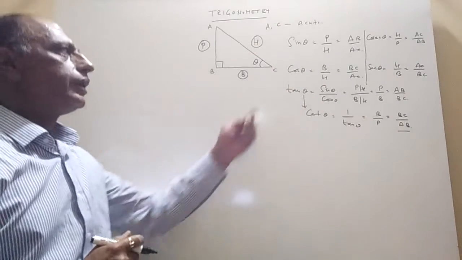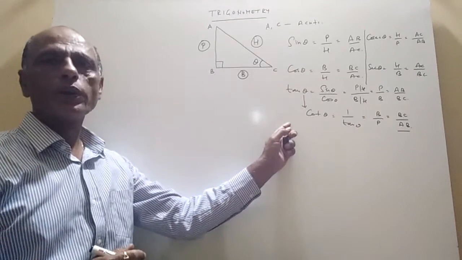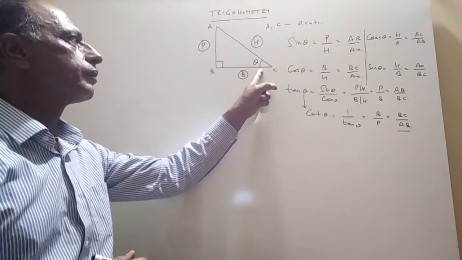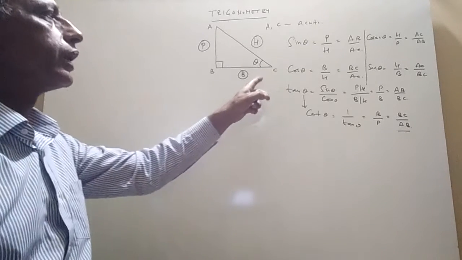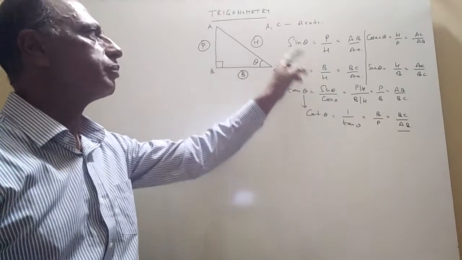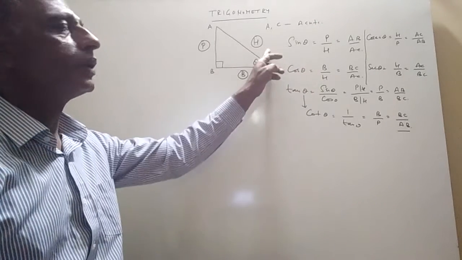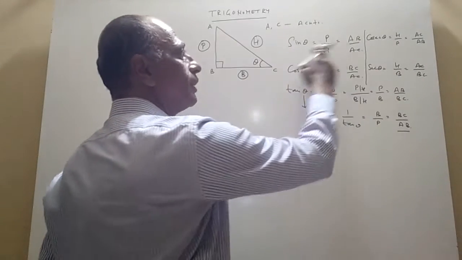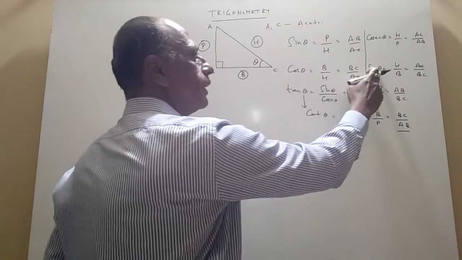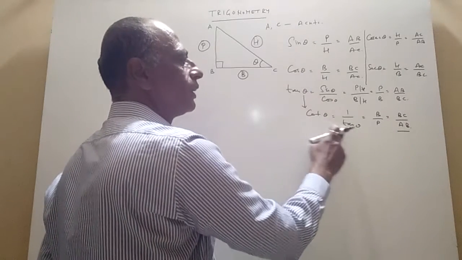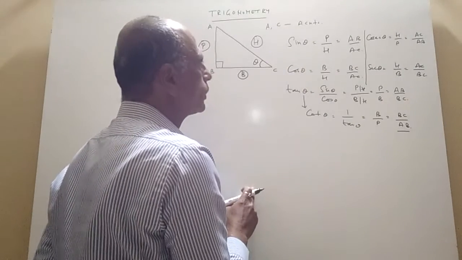So these are the 6 trigonometric ratios in which angle C is the reference, and based on it we have written trigonometric ratios involving perpendicular, base and hypotenuse. Second thing is cosecant theta will be reciprocal of sin theta, secant theta will be reciprocal of cos theta, and cot theta will be reciprocal of tan theta.